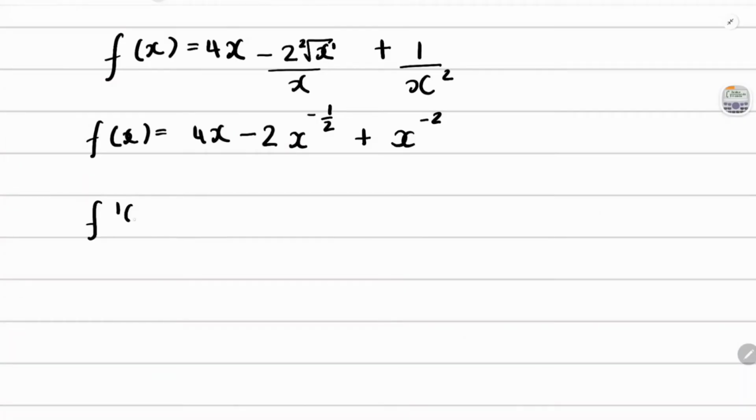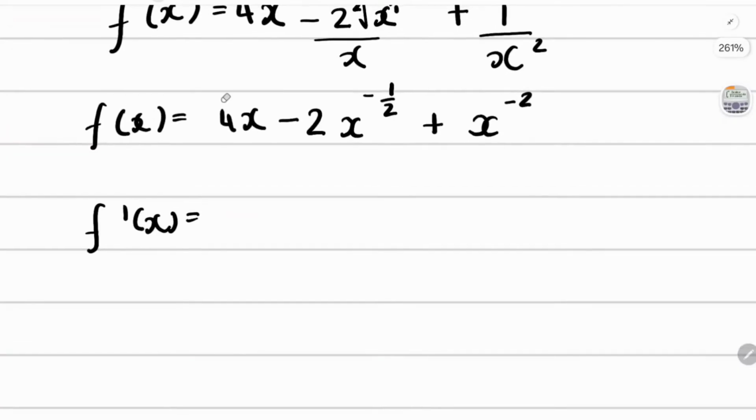So we can go f prime of x is equal to, and we're saying the coefficient times exponent, which is 4, and you have x, and you take the exponent, which is a 1, minus 1, which becomes a 0, but x to the power of 0 would be 1, and 4 times 1 stays 4. Then here, coefficient times exponent, you have a negative 2 times negative a half.